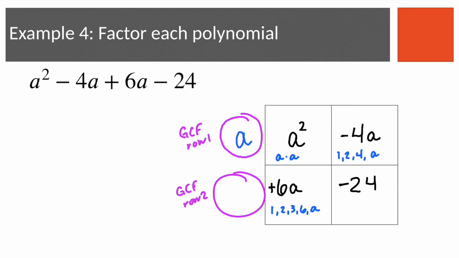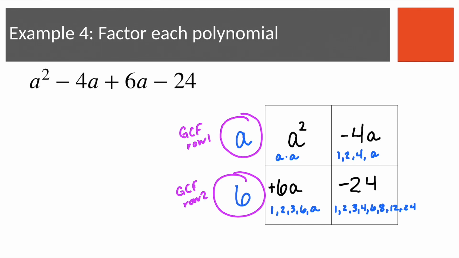And then our factors of negative 24 are 1, 2, 3, 4, 6, 8, 12, and 24. So we've already listed out those factors of 24. If you don't remember them, you can always use Desmos to figure out what our factors are going to be. So now we want to look for the greatest common factor in both lists. So the biggest number in both lists is 6.